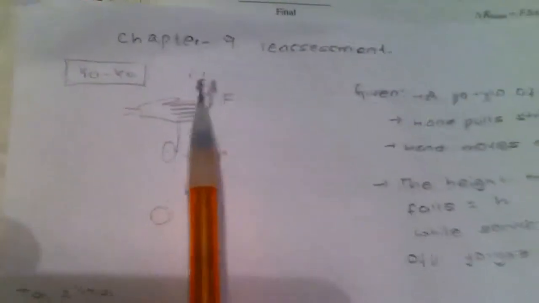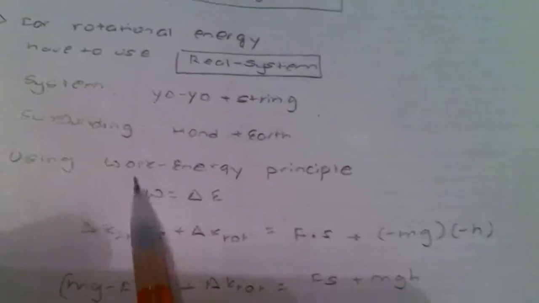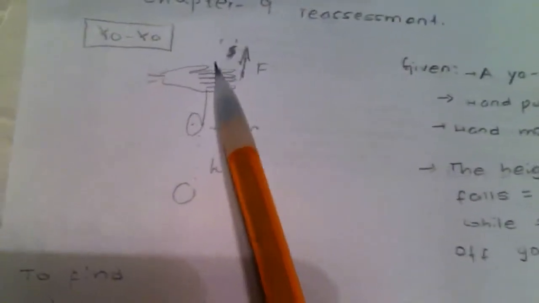Now, we are trying to solve with the work energy principle, which says work equals change in energy. To find the work done, we need to first find the total forces. There are two kinds of forces acting: force due to my hand and force due to gravity, which is downwards. Now, for the work done, the force F due to my hand, its point of application got displaced by distance s.